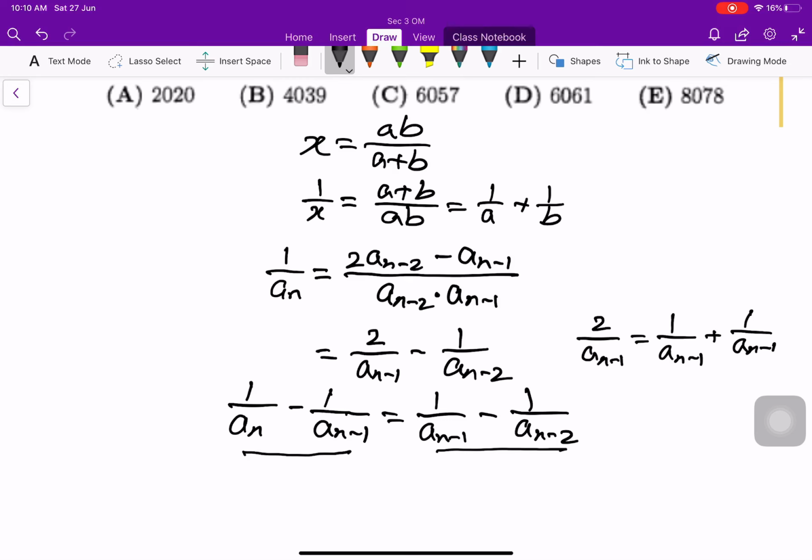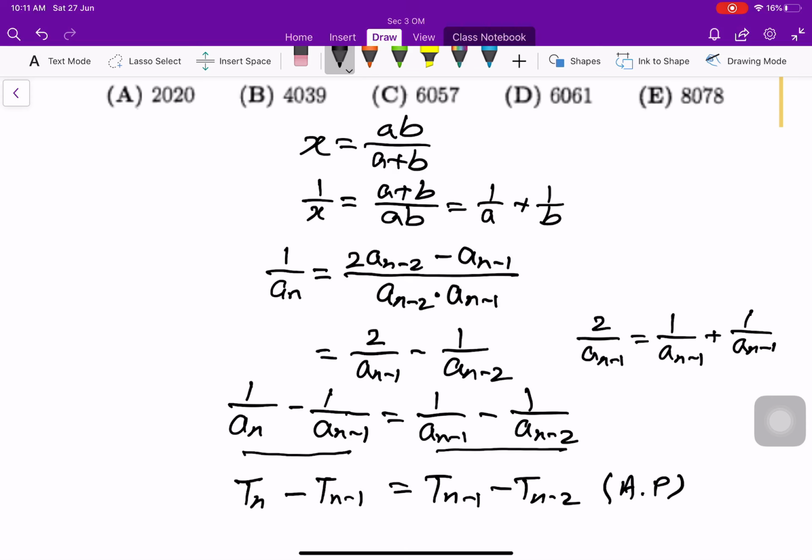That means in this case, you can view it as Tn minus Tn minus 1 is the same as Tn minus 1 minus Tn minus 2, right? That means the consecutive difference is always a constant. Therefore, this is actually an AP concept, arithmetic progression.